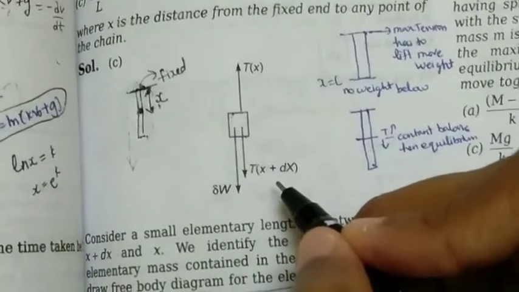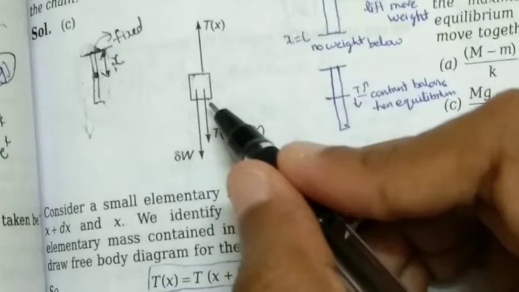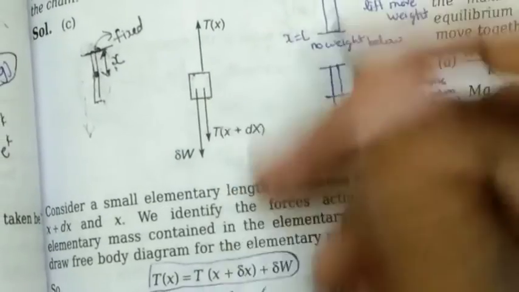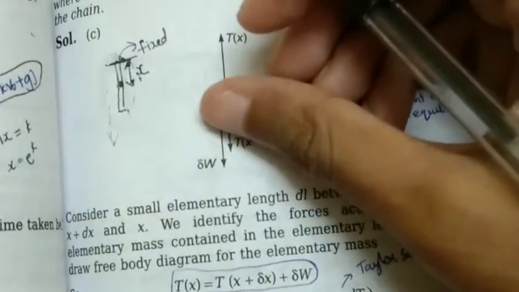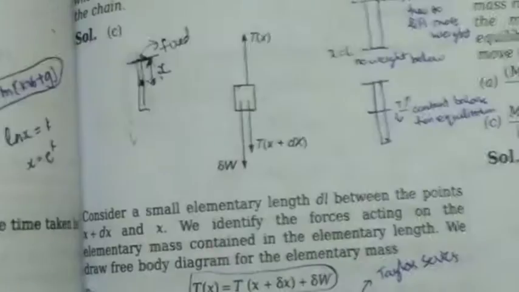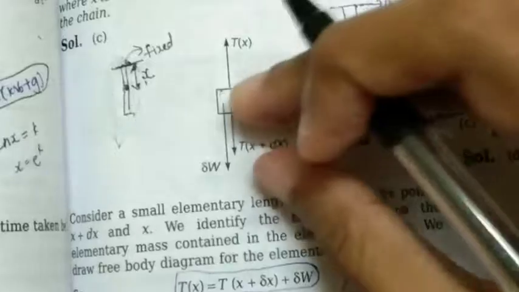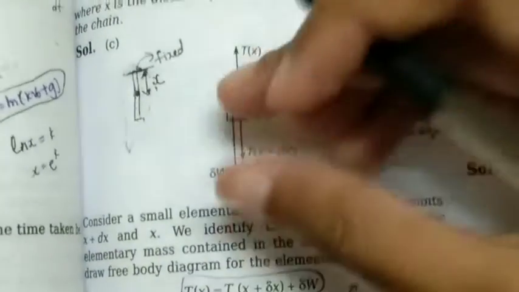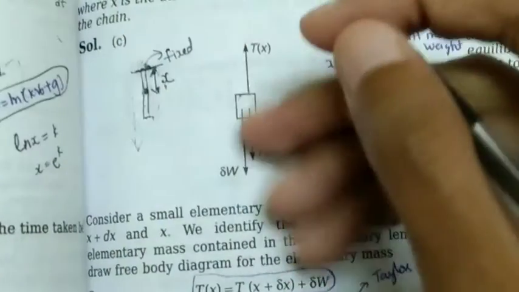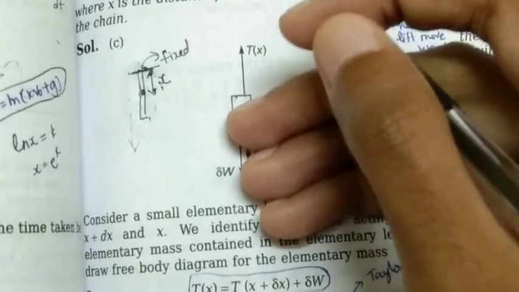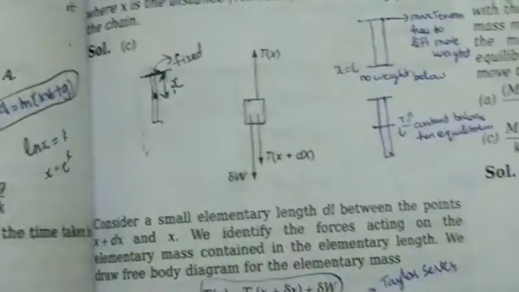In the same manner here also, the tension is acting in the downward direction at the point below, but it is acting in the upward direction at the point x plus dx. Here tension is acting downward, which means this point has to lift the mass of the rope which is lying down.